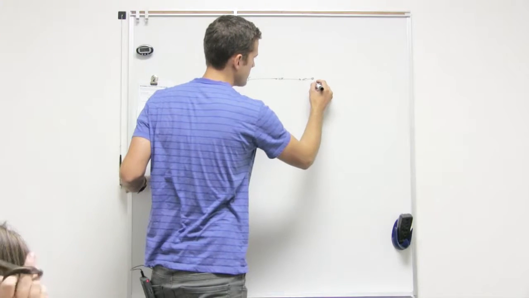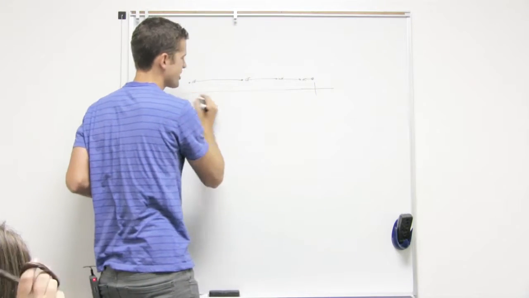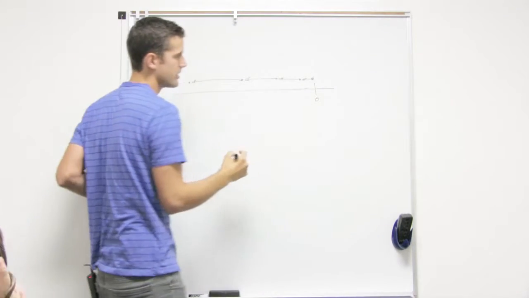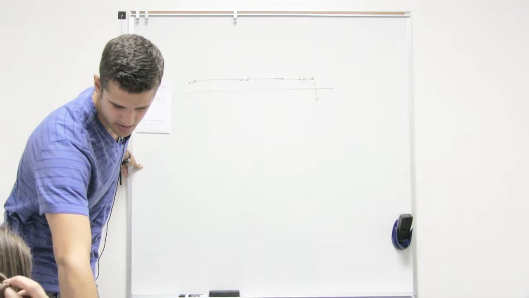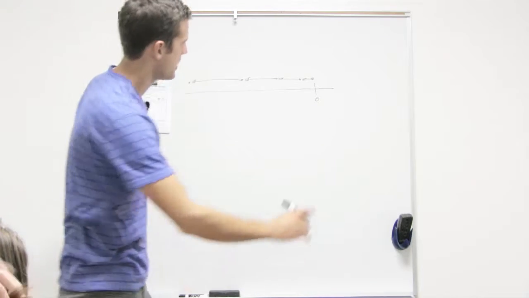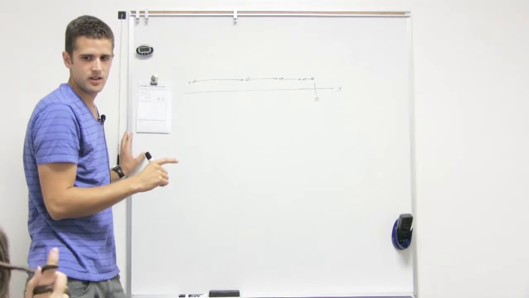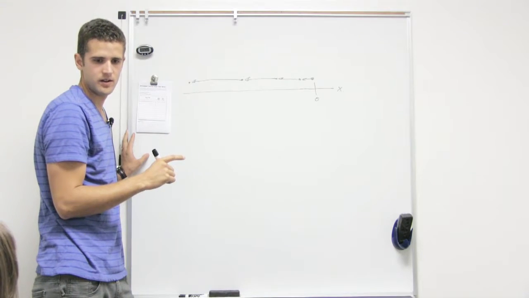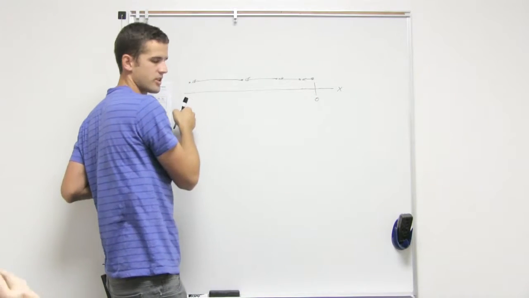This is just a notation thing for this book: whichever direction they put the X or the Y means that's where the positive is. So they put X over here, that means going that way is positive. So this side of 0 is positive, and this side of 0 is all negative.